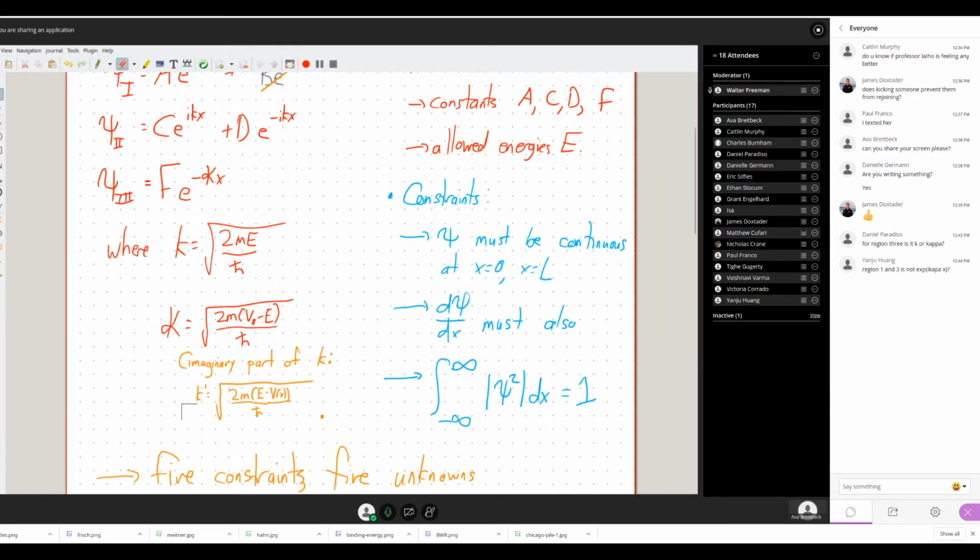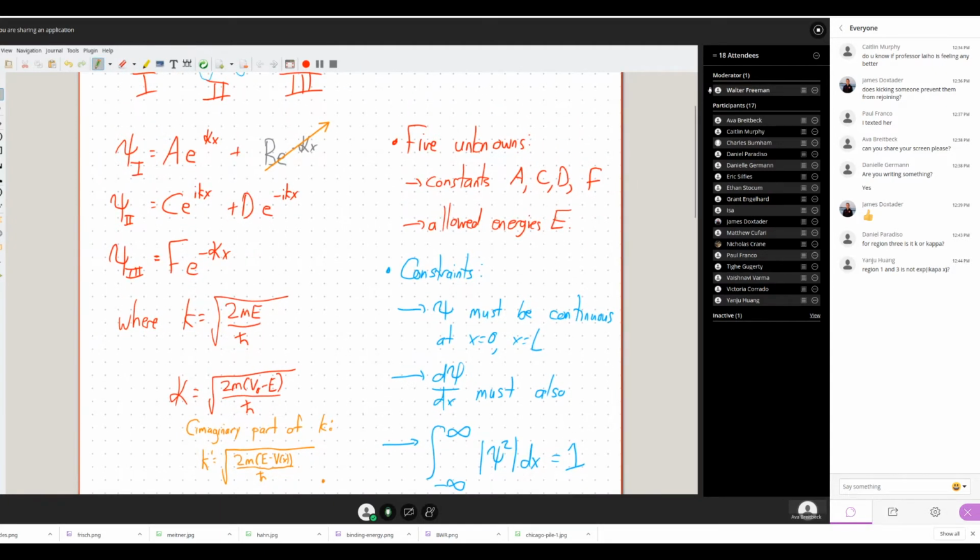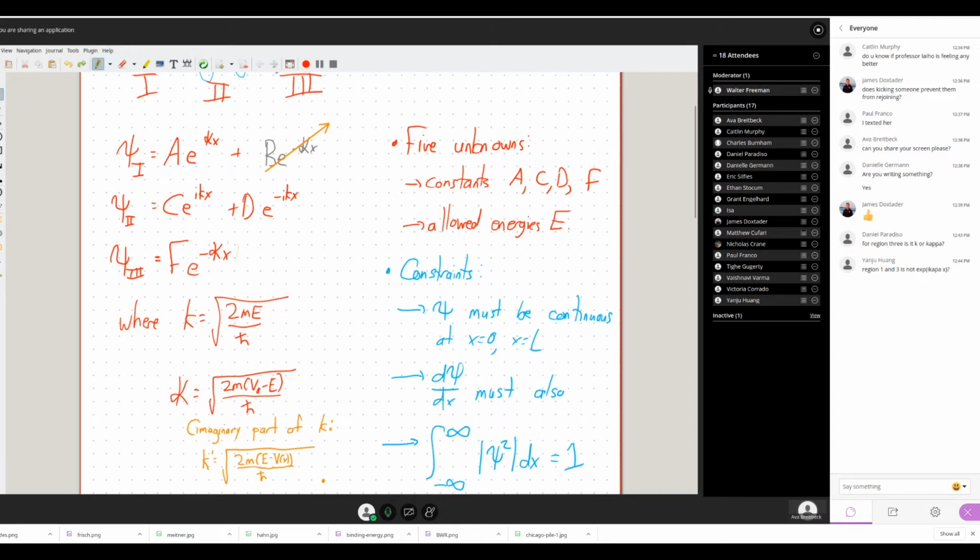This means the wave number is imaginary, and I made a mistake: when I wrote a k here, it got very hard to see whether it was exponentially growing or decaying. So we've defined kappa from the negative kinetic energy to make it simpler to see what's going on. Does that make sense?